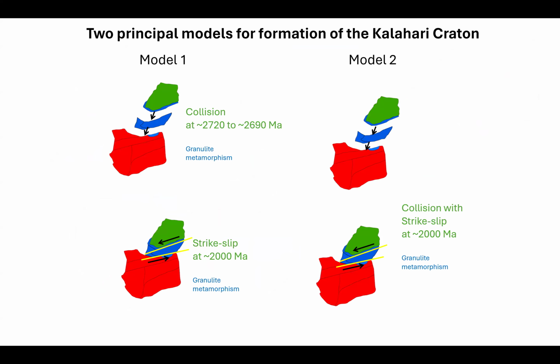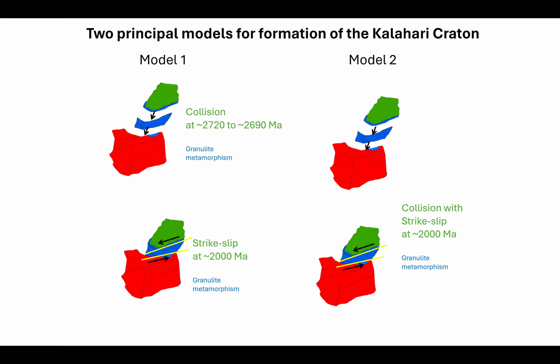Moving on to the Limpopo Belt, there are two major categories of model suggested for what happened. One is that Zimbabwe and the central zone of the Limpopo and Vaalbara collided somewhere around 2,700 million years ago, with granulite metamorphism associated with that.